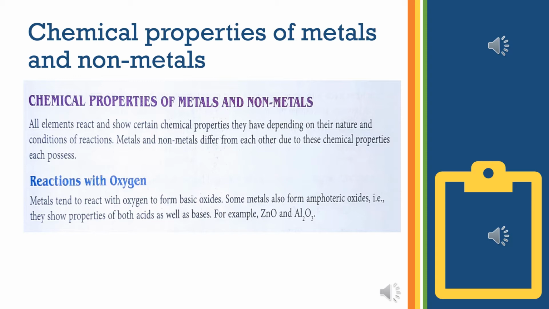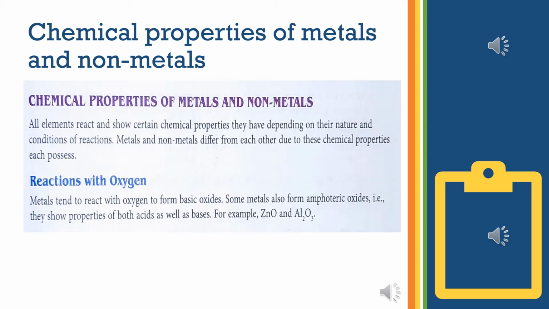Do not get confused, both mean the same. The reason behind this is that when a metal oxide is added to water, it gives a basic solution, so metal oxides are also called basic oxides.